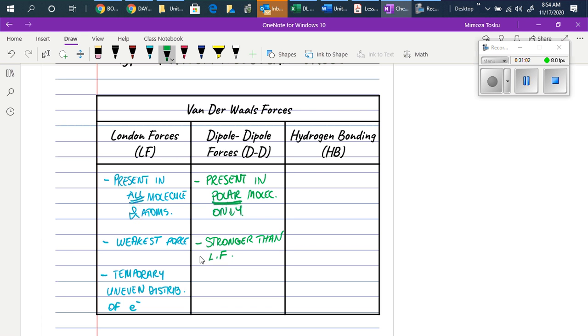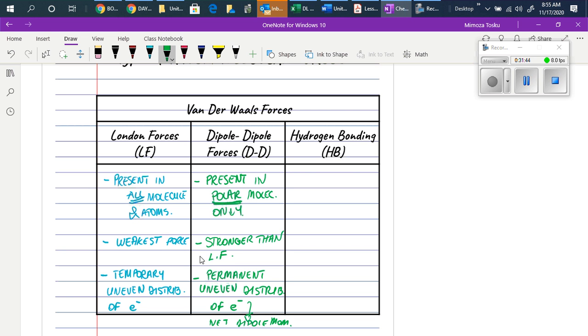It is stronger than London forces, and is a result of the permanent uneven distribution of electrons, because in this case we have a net dipole moment.